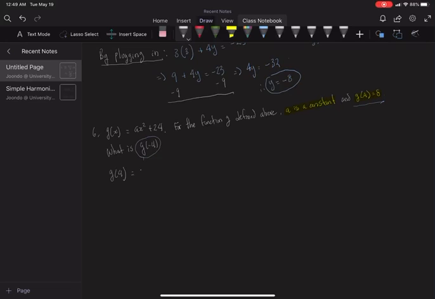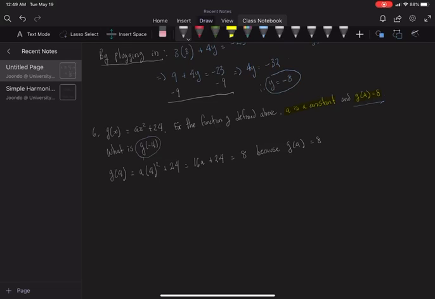So here, a times 4 squared, plus 24, right? We get 16a plus 24, and what is that equal to? This is equal to 8, because g of 4 is said to be 8.